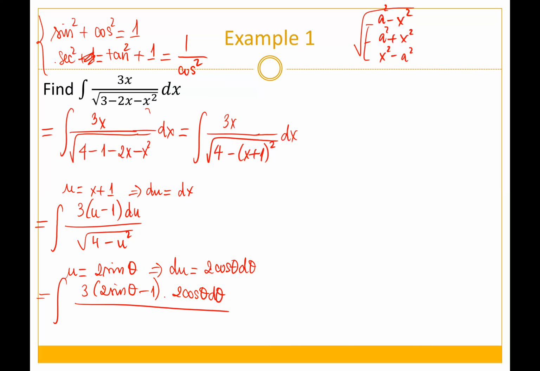What we end up having is 4 minus 4 sine squared, which is going to be the square root of 4 cosine squared. So it's 2 cosine theta. Now we only have 6 sine theta, because these two cancel out. And so you have 6 sine theta minus 3 d theta. Putting them back and taking the integral, I'm going to have negative 6 cosine theta minus 3 theta.